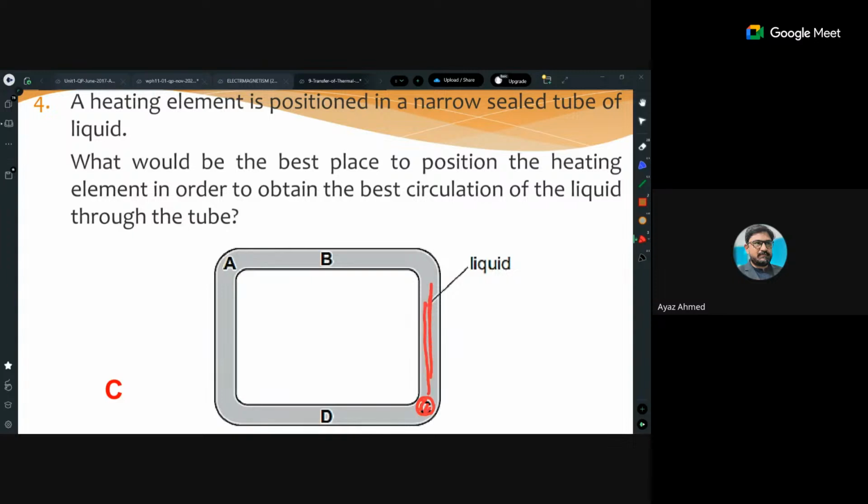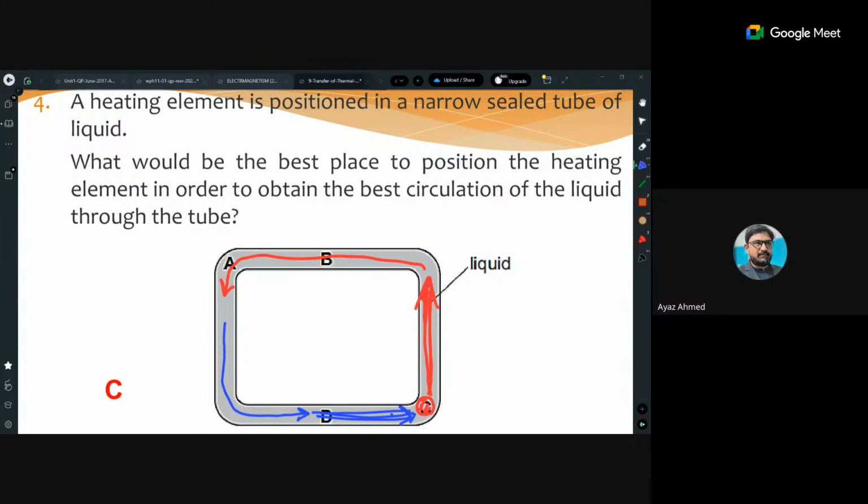When hot water moves up, a space is created, and in that space cold water will move in. In this way, there would be a circulation of hot and cold water. So it matters a lot where you place the heating element in the circulation pipe. Is it clear to all?